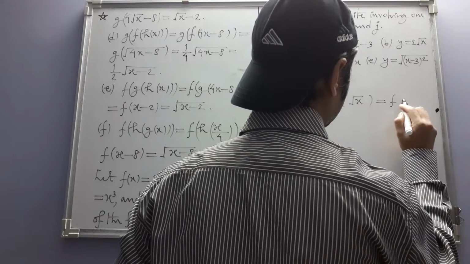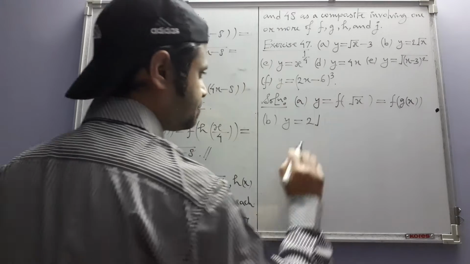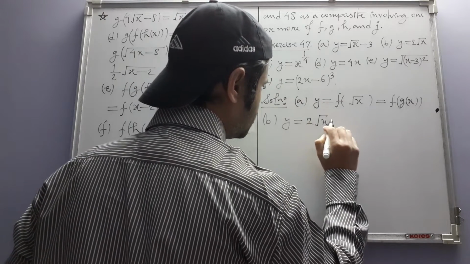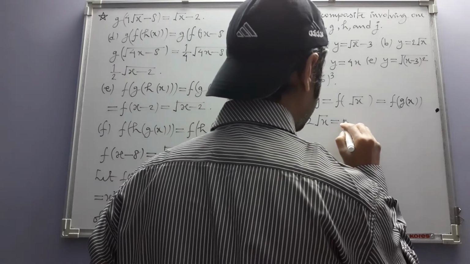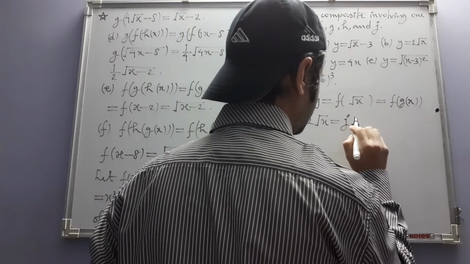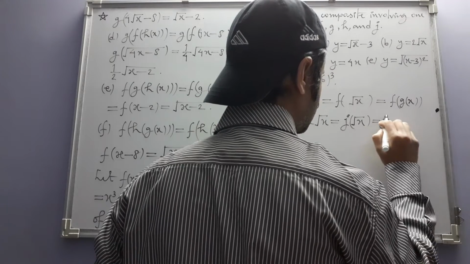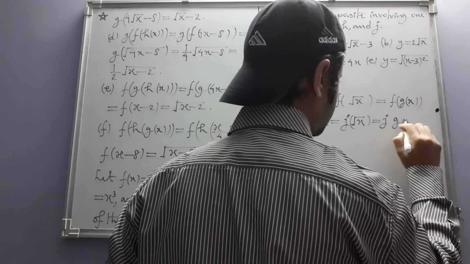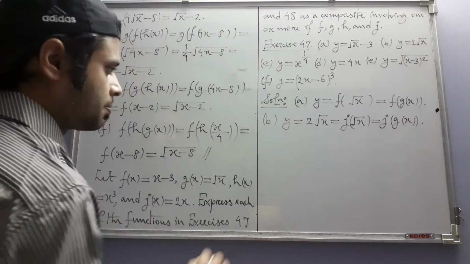f of g of x, 2 root x. 2 means j. j root x, so this is j of g of x.